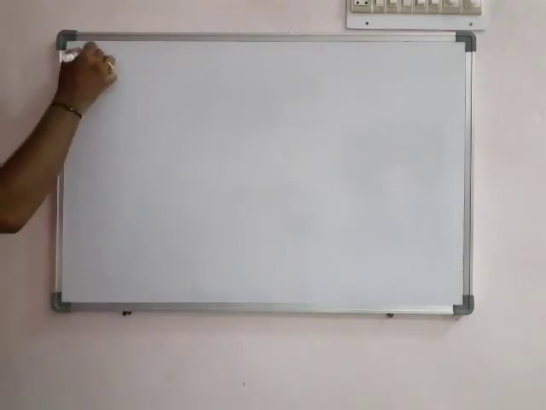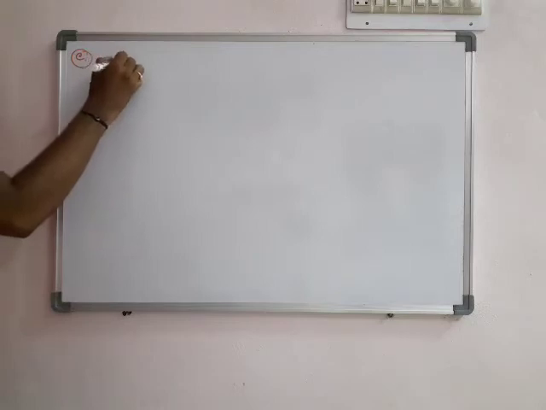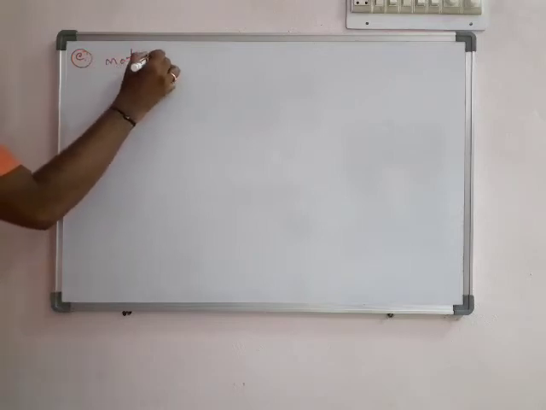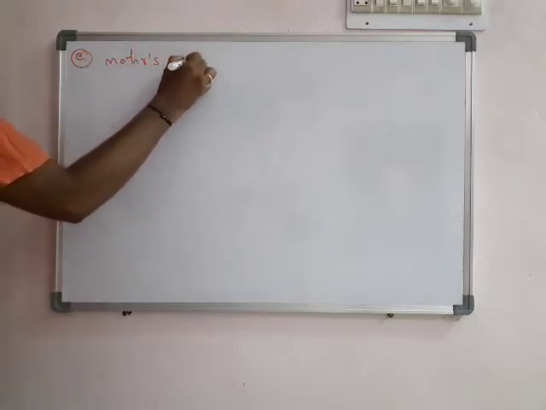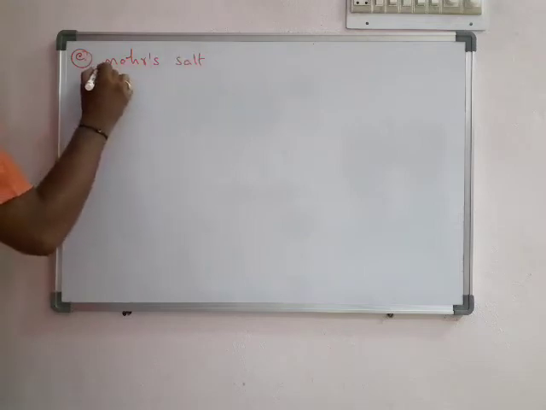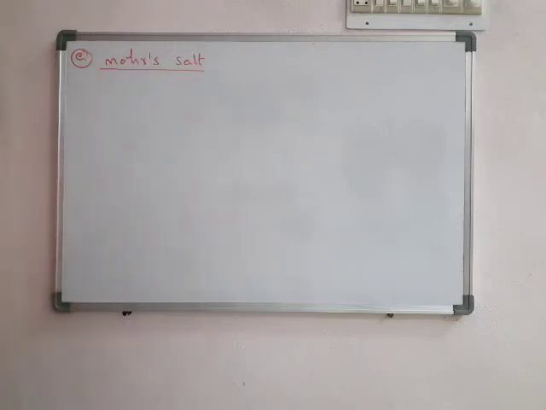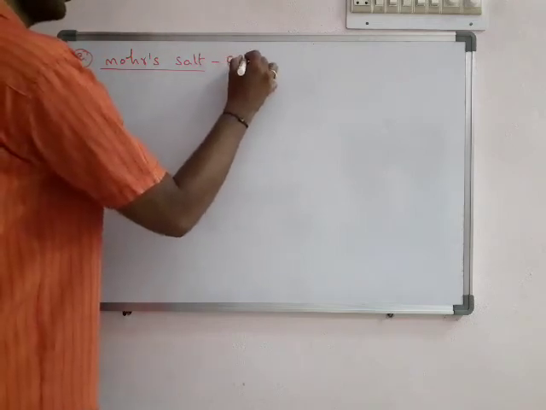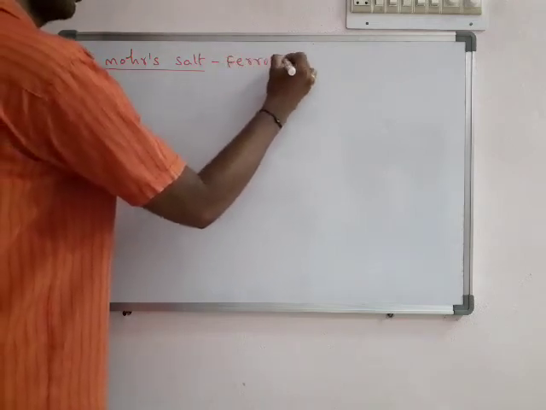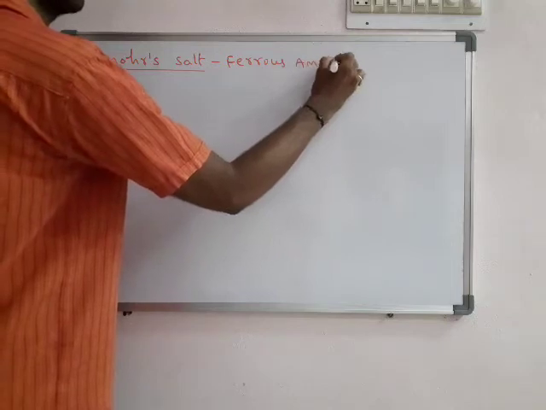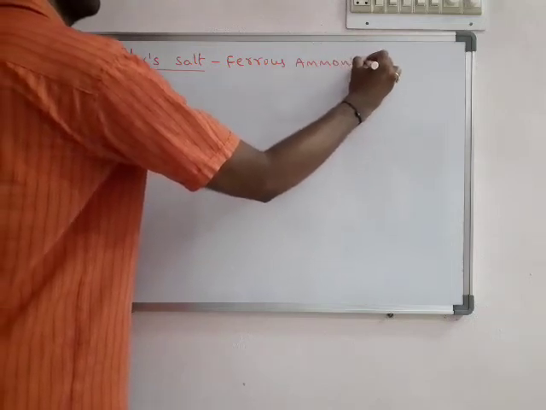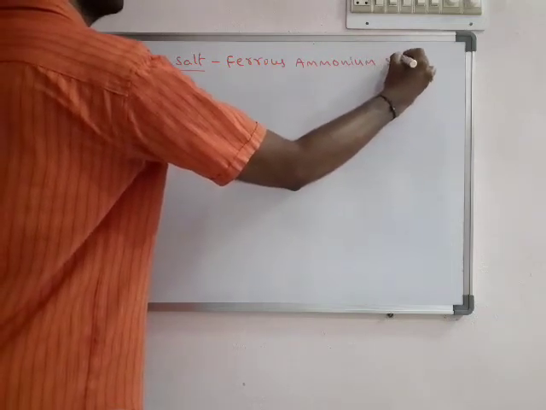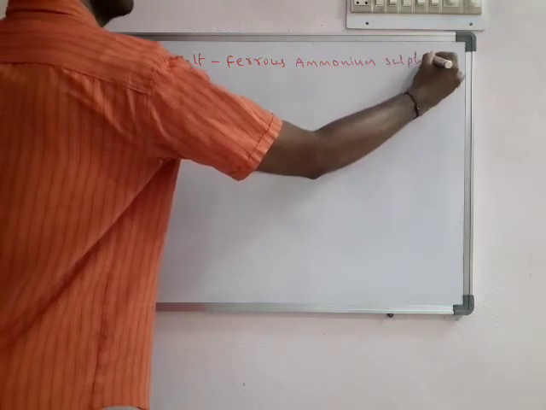Next, one more important compound is given, that is Morse salt. So the naming is also very important. Morse salt is a common name of a salt which is known as ferrous ammonium sulfate.